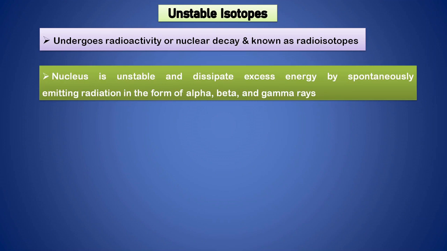The nucleus of unstable isotopes is very unstable and dissipates excess energy or excess nucleons in the form of alpha particles, beta particles or gamma rays, either in the form of particles or in the form of electromagnetic radiation.